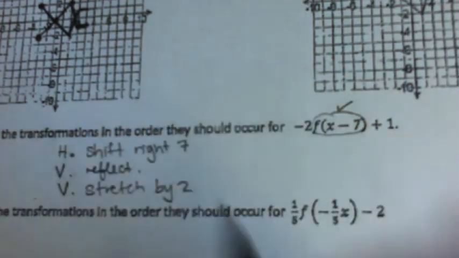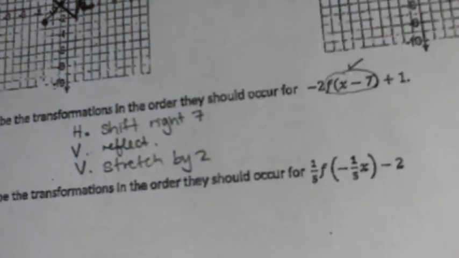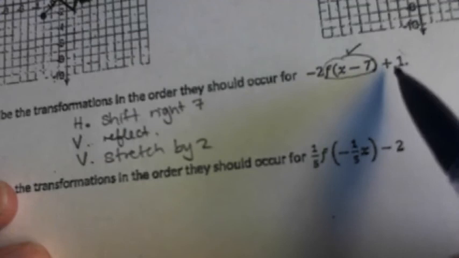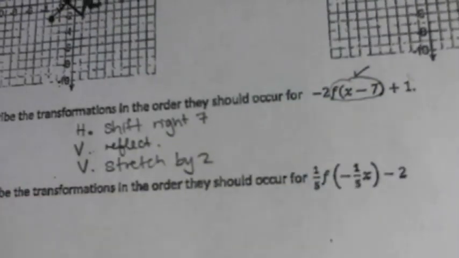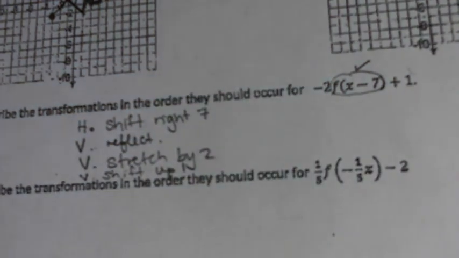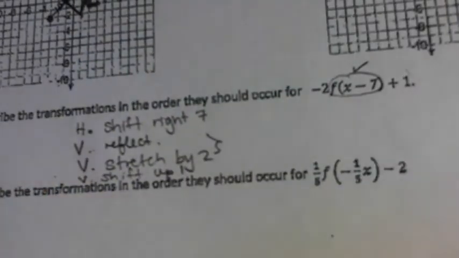The 2 is a vertical stretch by 2. And then the last thing in your order of operations is +1. So that would be a vertical shift up 1. So in that order, just these middle 2, because it's the same coefficient of -2, that can be in the other order. Okay?